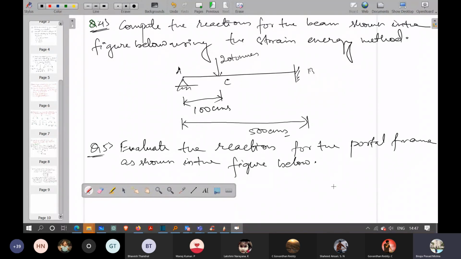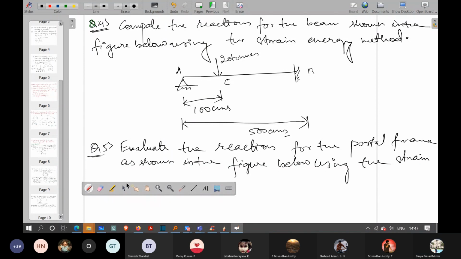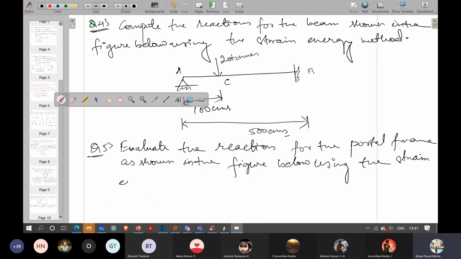Okay, so now, and this is also using the strain energy method. Okay, so what is that method?